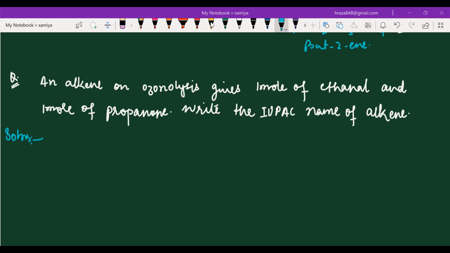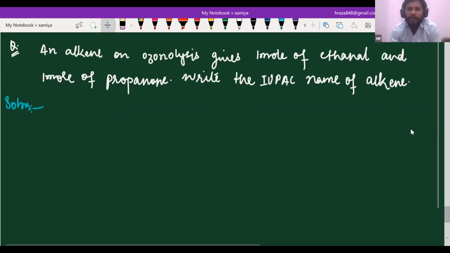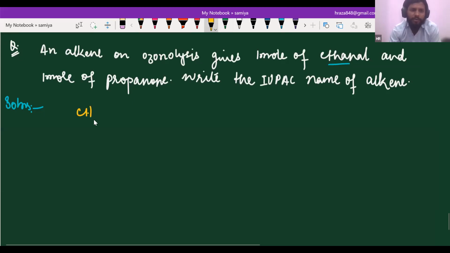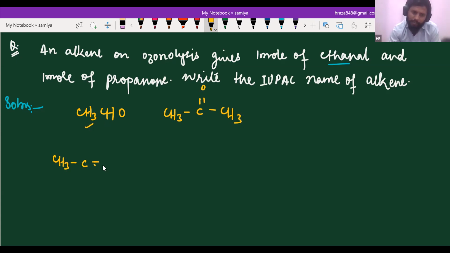See what you need to do. What is the product that you got? You can see the product is ethanol. So I'm going to write ethanol here. So it's CH3CHO. And the next is propanol, that is CH3C double bond O CH3. Now I'm going to write this in this way: CH3C double bond OH.